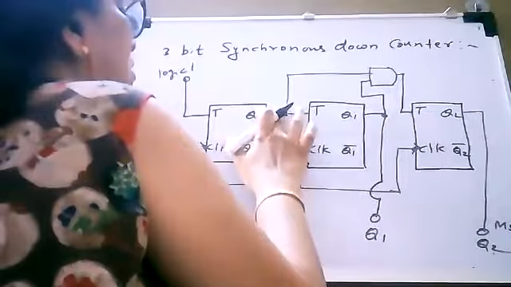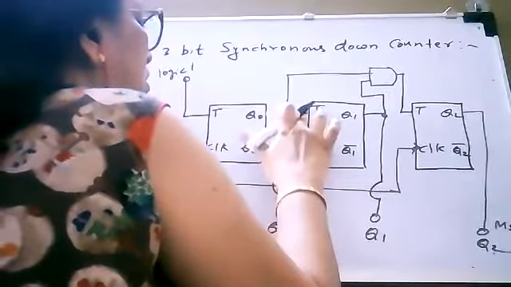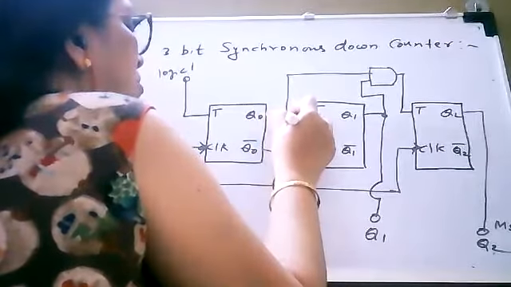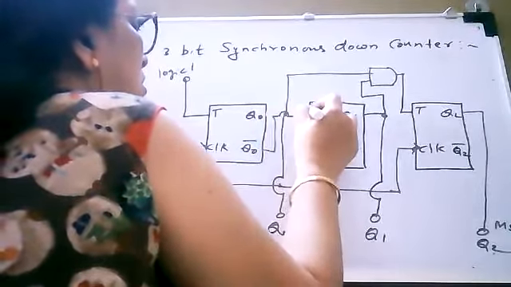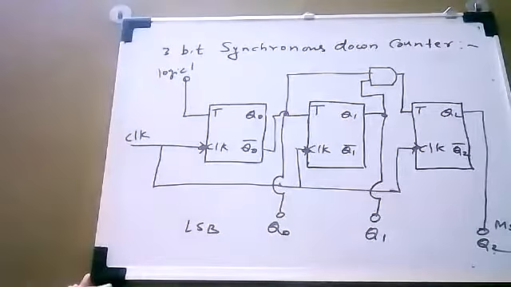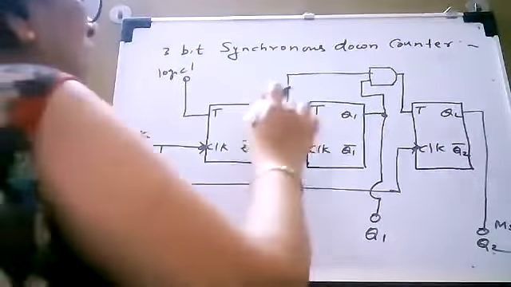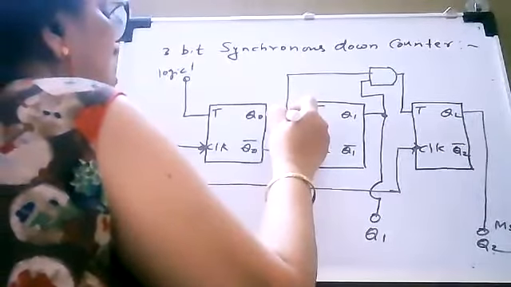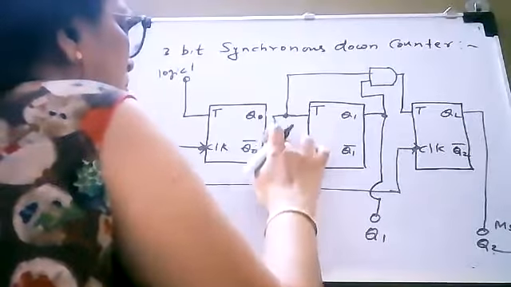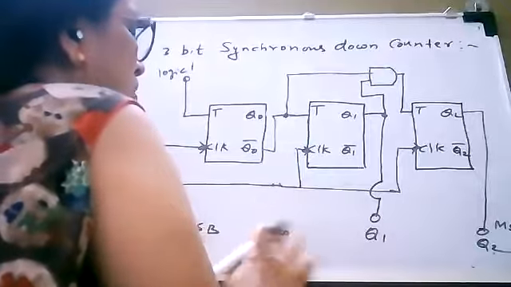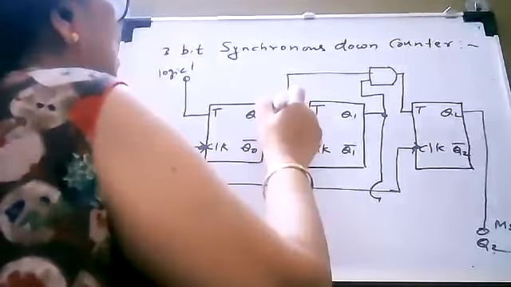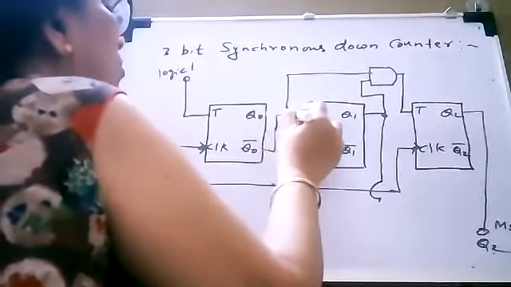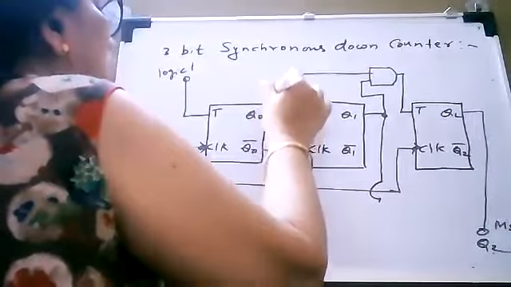So sorry. Instead of using Q0, we have to use Q0 bar. Okay. And this Q0 bar must be connected to the T input.